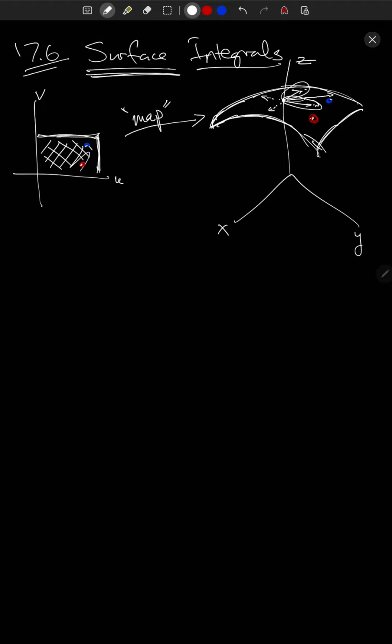So we have this map notation, which is the notation our book uses. Our book calls them R's with an arrow because of vector-valued function. Again, I really hate that, but we'll try to keep with it a little bit at least. R of U, V: the inputs are U's and V's, and the outputs live in the X, Y's, and Z's.